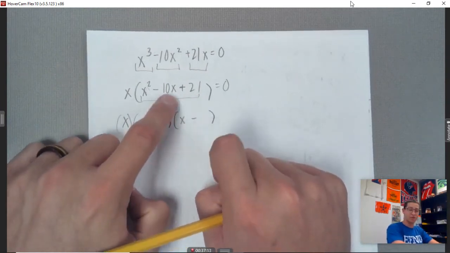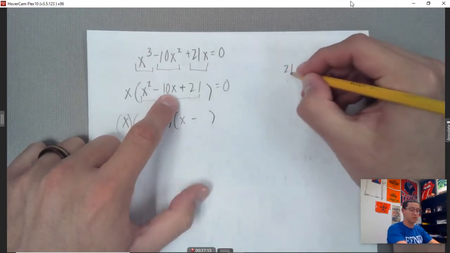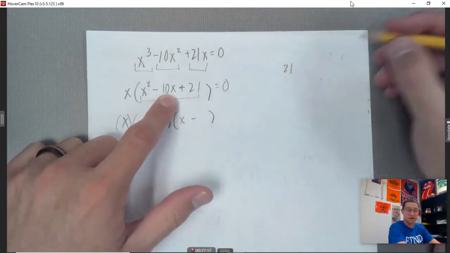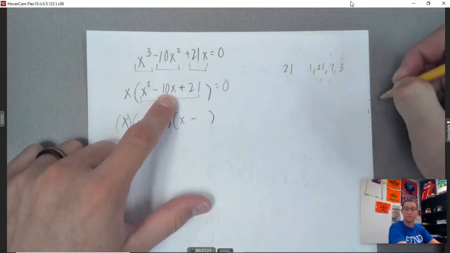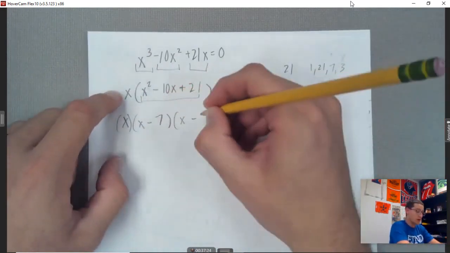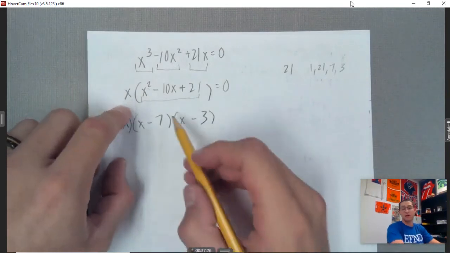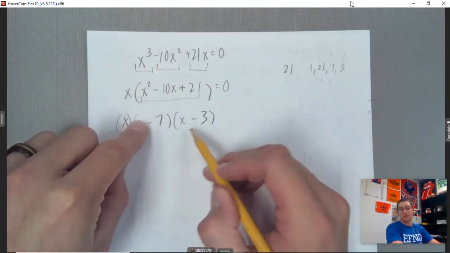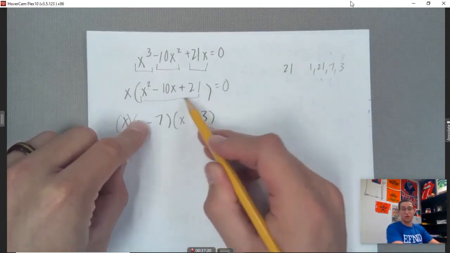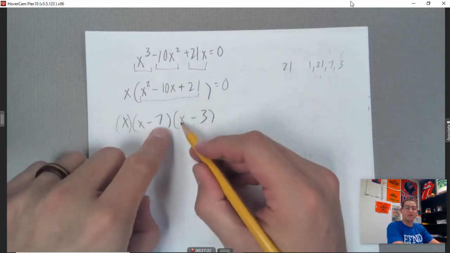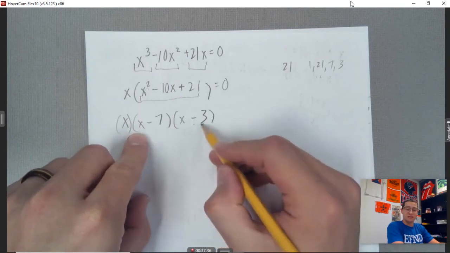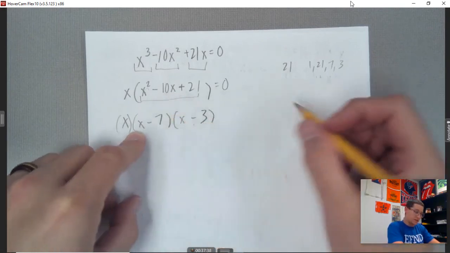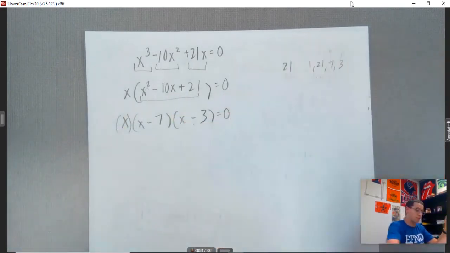Think about the factors of 21: 1 and 21, and 7 and 3. So I know I end up with 7 and 3 here. Negative 7 times negative 3 is positive 21. But when I add negative 7x and negative 3x, I get negative 10x. So this is my fully factored form.